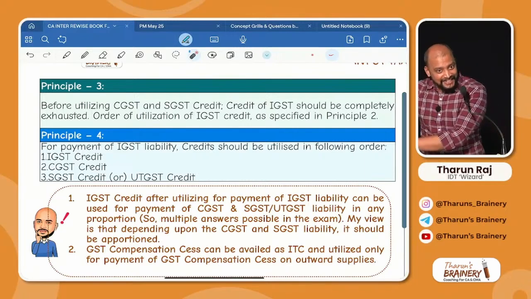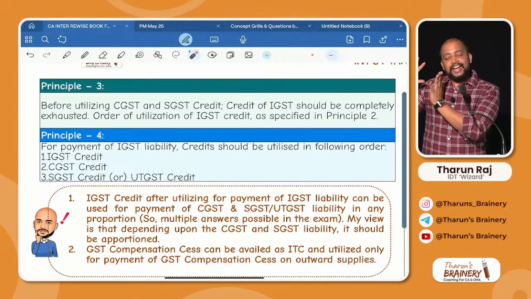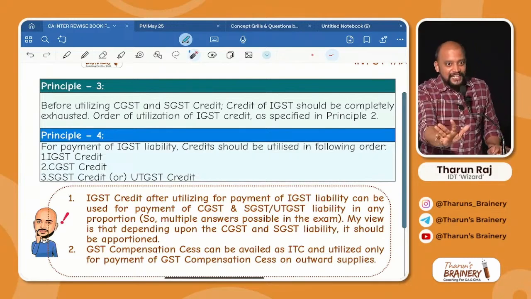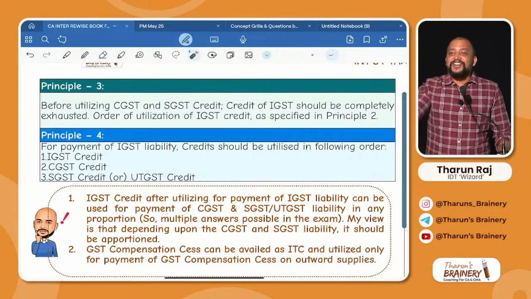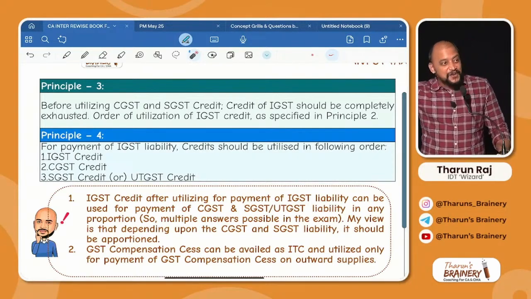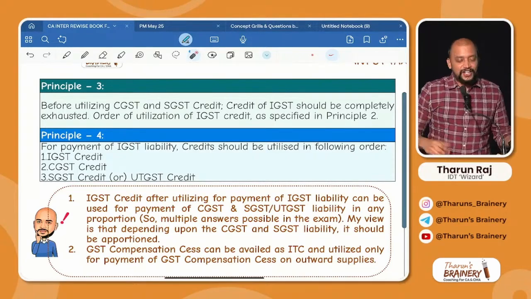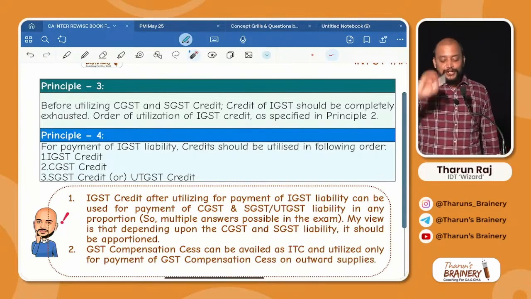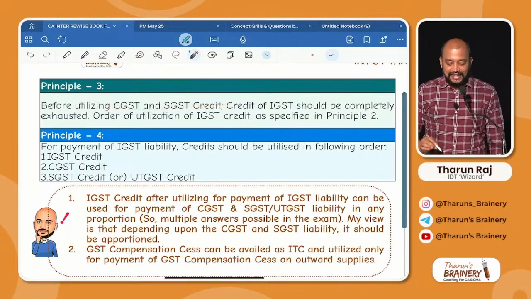She is having money. I will give her. And she is also earning, but even then first she will exhaust my wallet only, and then if not there, she will take out of her wallet, okay. That's usual. So which credit will be exhausted first? IGST credit before utilizing CGST or SGST credit.